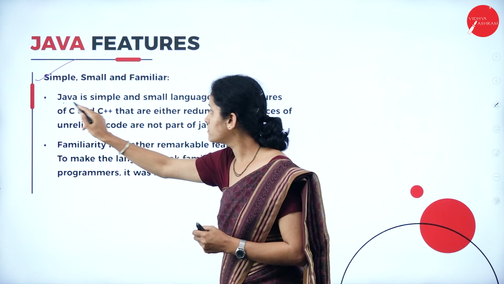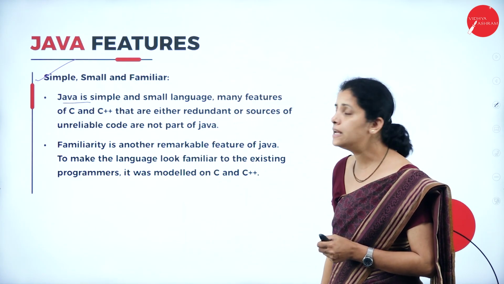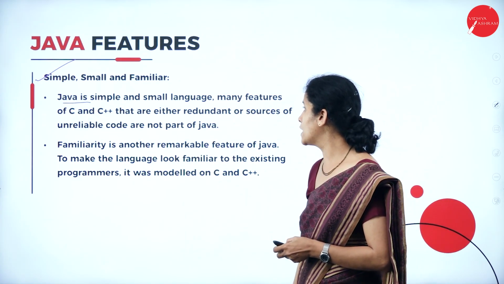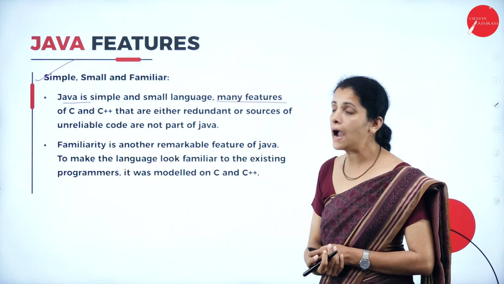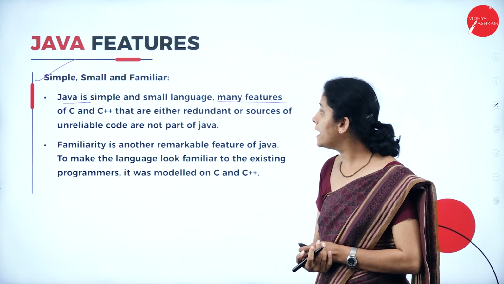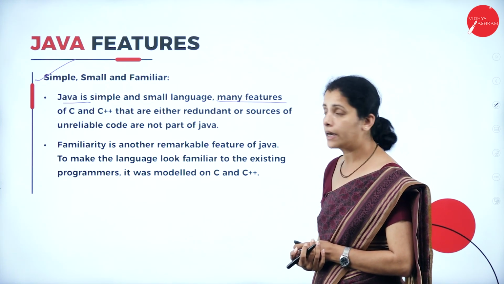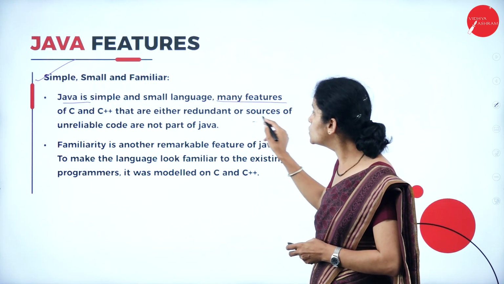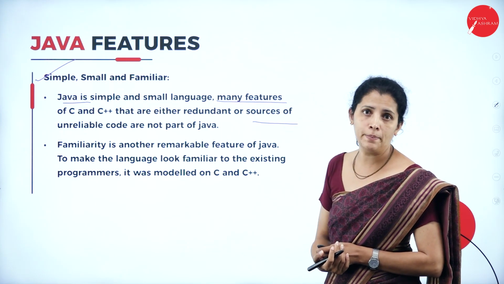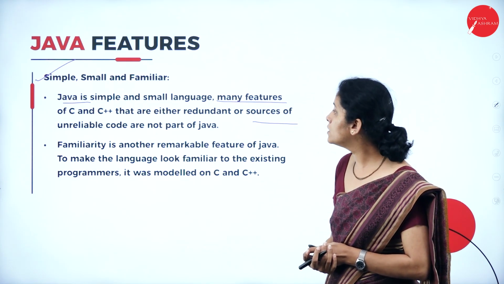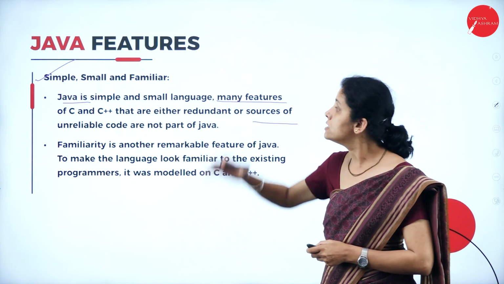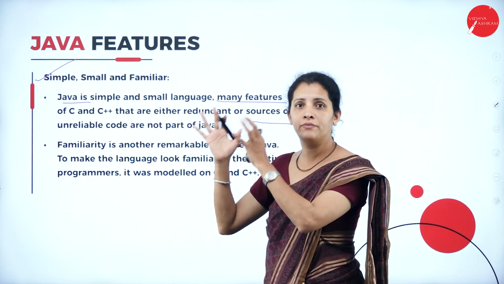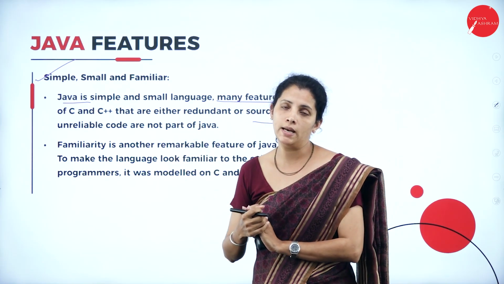So here Java is a simple and small language. Many features of C and C++ that are either redundant or a source of unreliable code are not part of Java. So here Java includes some of the features of C as well as C++.